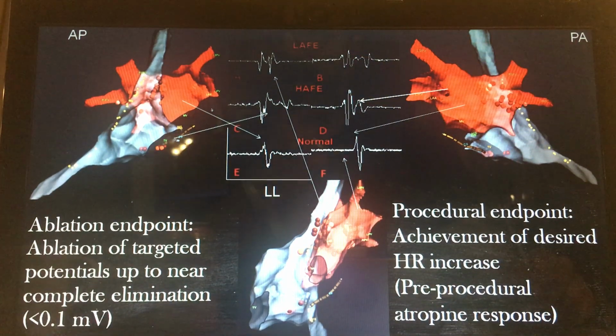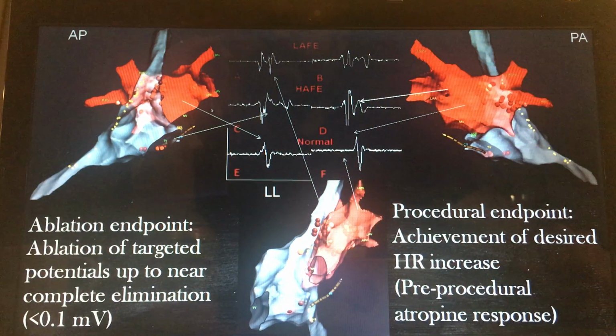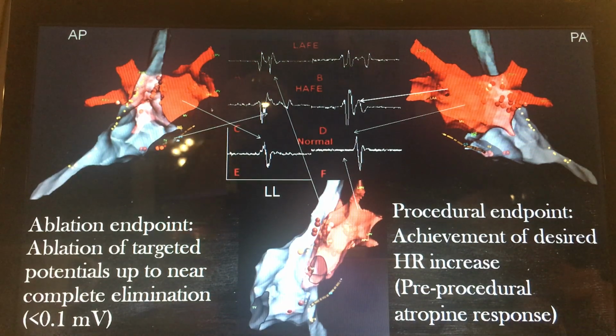So in our current approach, as an ablation endpoint, we try to completely eliminate all targeted fragmented electrograms during RF application. And as a procedural endpoint, we usually check the heart rate response of the patient to atropine administration.